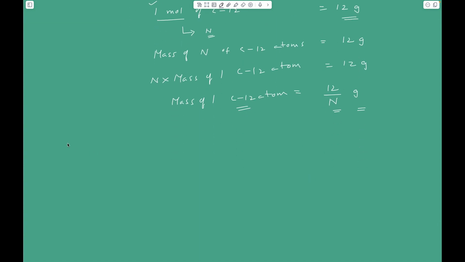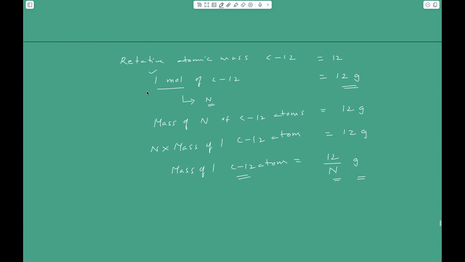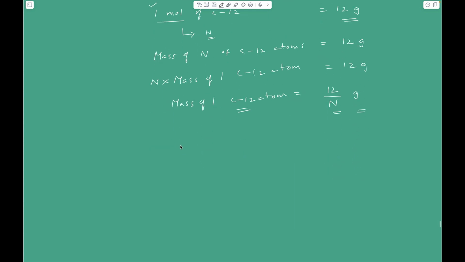Again, on the atomic weight scale that is based on C12, that is currently being used, 1 U or 1 AMU is by definition equal to 1/12 of mass of one C12 atom. Now, what is the mass of one C12 atom in grams?